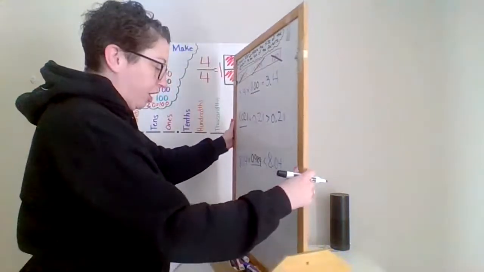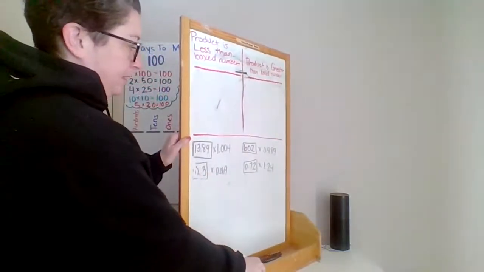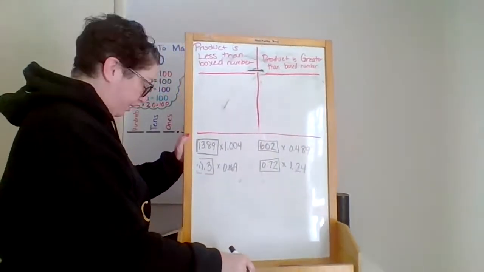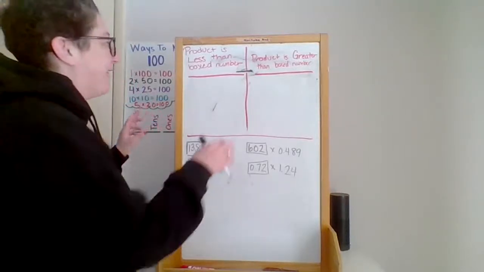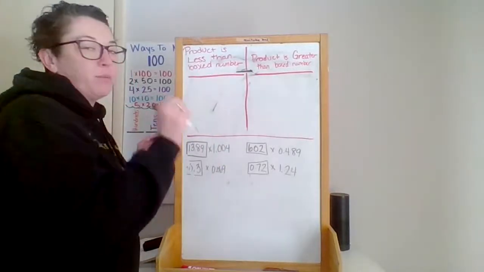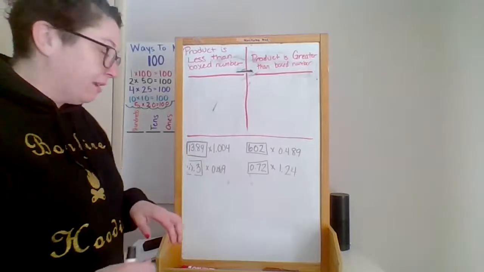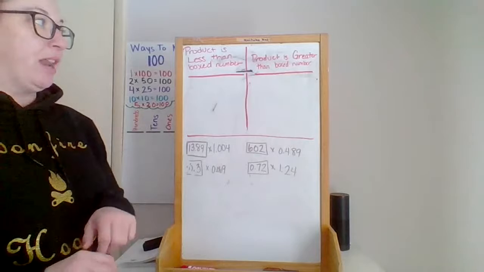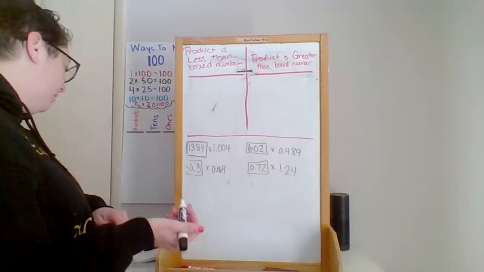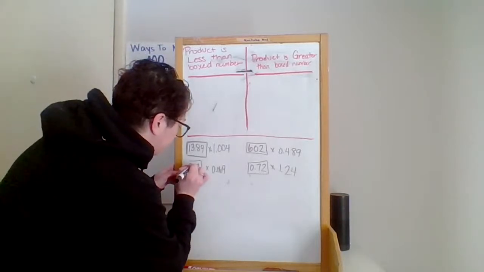I'm going to flip my board around and we're going to go to the next section. You see you have a chart. You have one side marked that the product will be less than the boxed number. And the other side says the product is going to be greater than the boxed number.